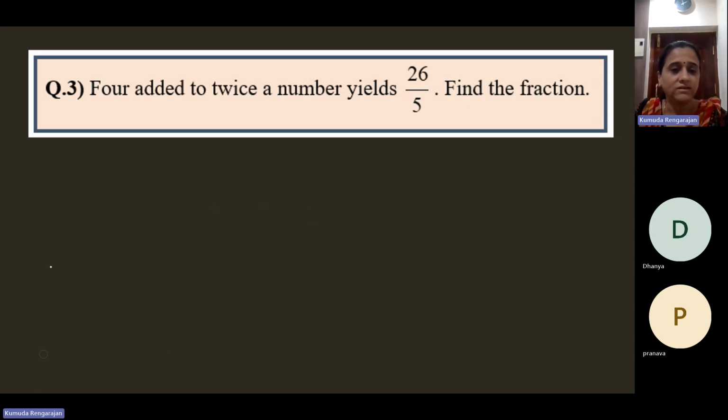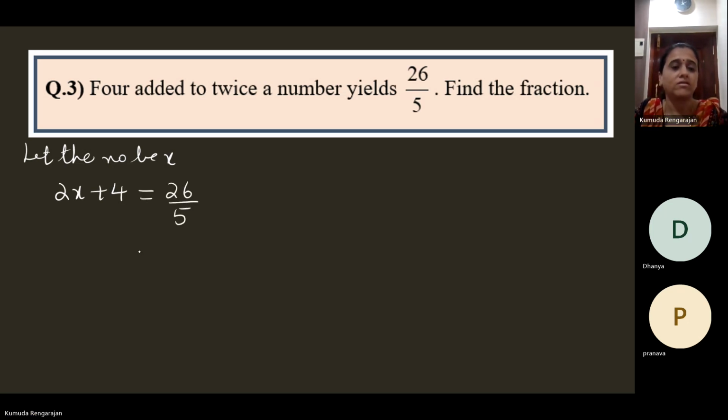Okay, let's write this again. Let the number be x. 4 added to twice x yields 26 by 5. So 2x is equal to 26 by 5 minus 4. 2x is equal to LCM.